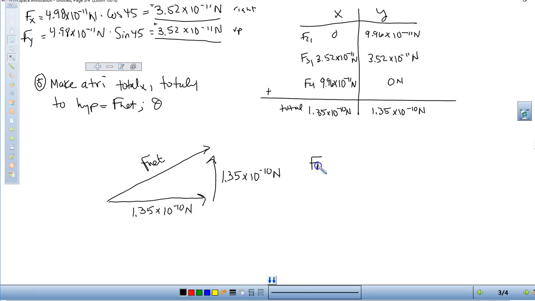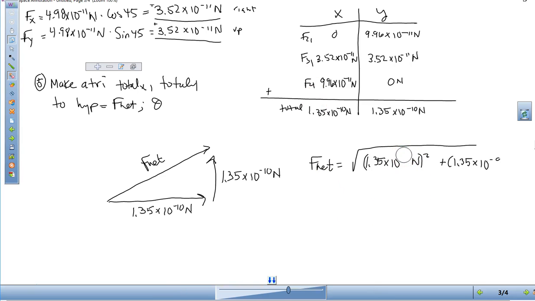So the F net in one step. I like doing the Pythagorean in one step. The square root of the sum of the legs squared. This number we're squaring it. This number we're squaring it. Oops, not 10th. Go ahead and just fix that.